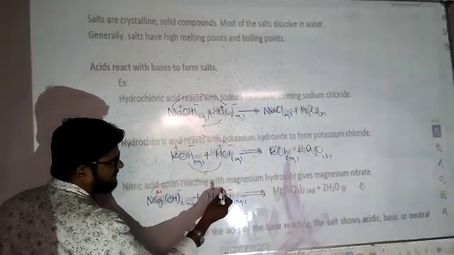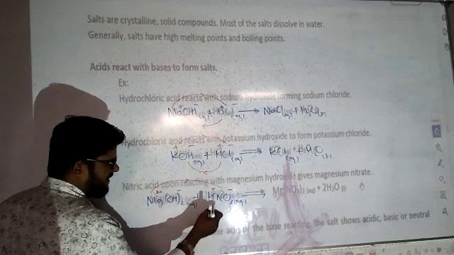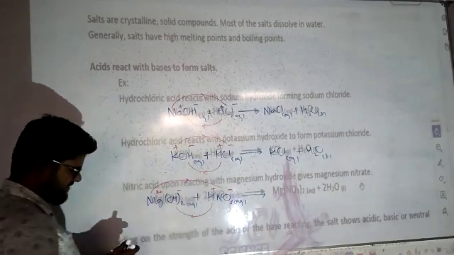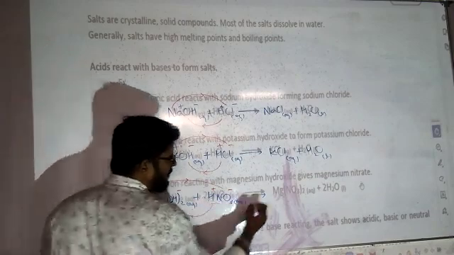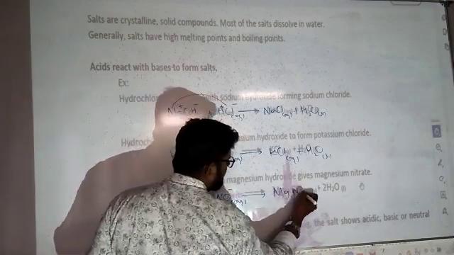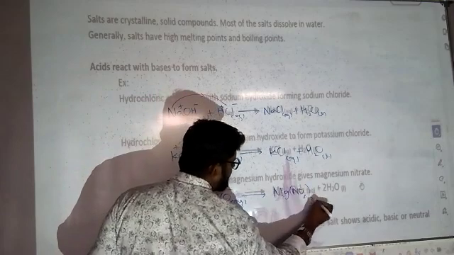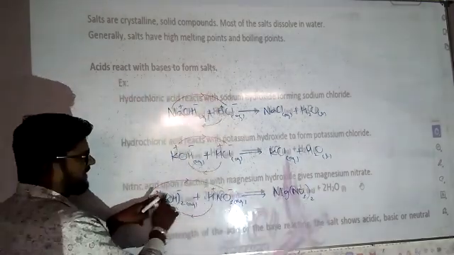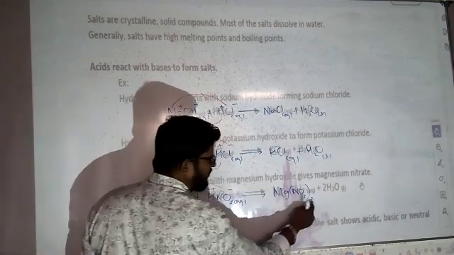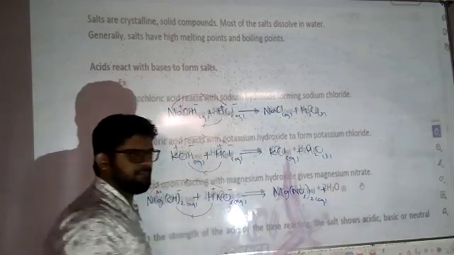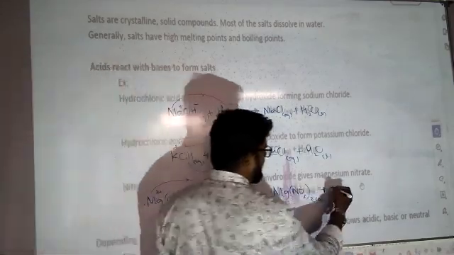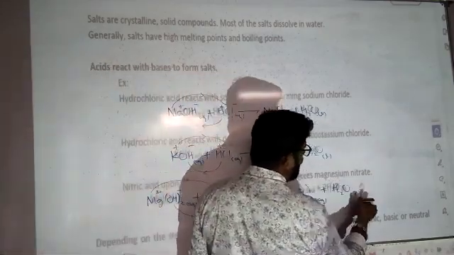So Mg2 plus combines with NO3 minus, and H plus with OH minus. Mg2 plus with NO3 minus exchange, it comes magnesium nitrate, Mg(NO3)2. So magnesium nitrate forms plus H plus OH minus forms H2O liquid.